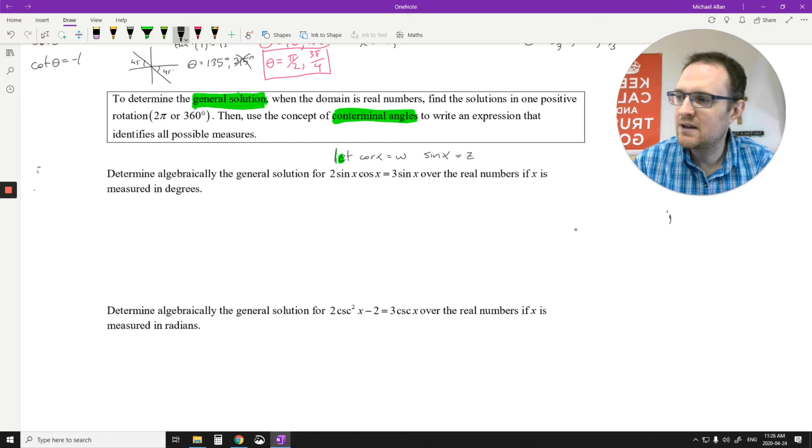So here I have 2zw is equal to 3z. How I'm going to solve this is by making it equal to 0.